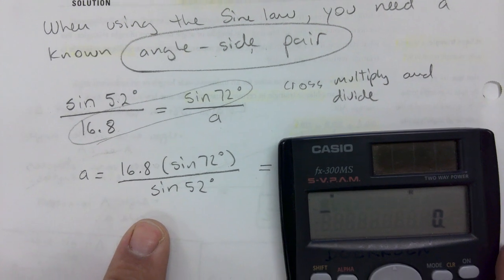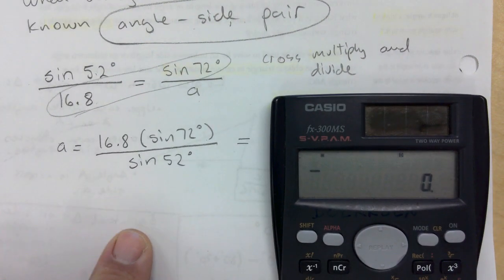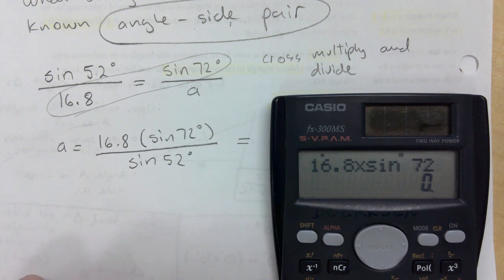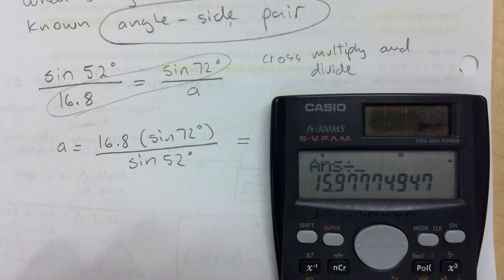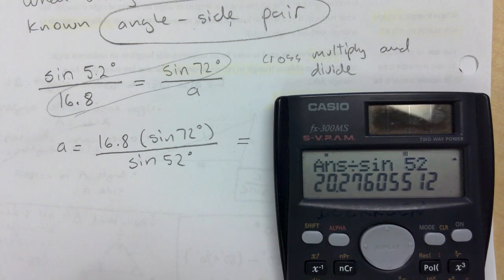Now watch what I do. So you go 16.8 times sine of 72 equals, that's what I do. And then I go divided by sine of 52. And that's 20.28.